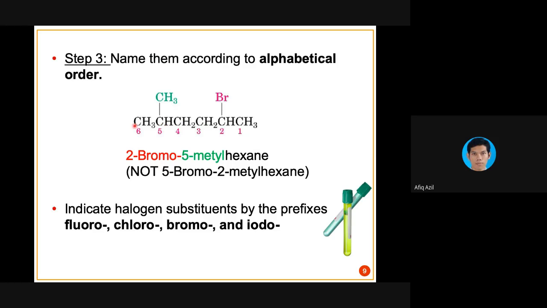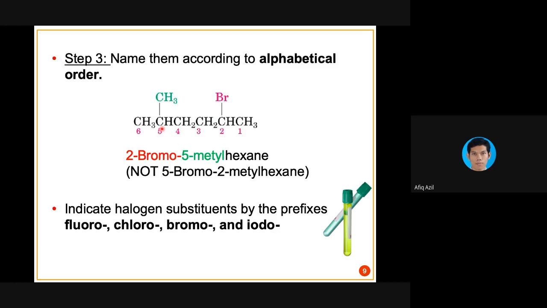So in this way, if the positions of the substituents are at equal length, meaning that if you put here 1, 2, 3, 4, 5, 6, so that means if you start from here or even if you start from here, the numbering will still be the same, 2 and 5.